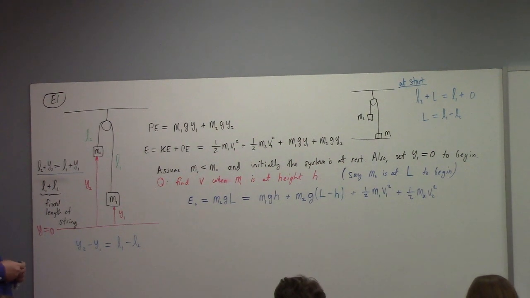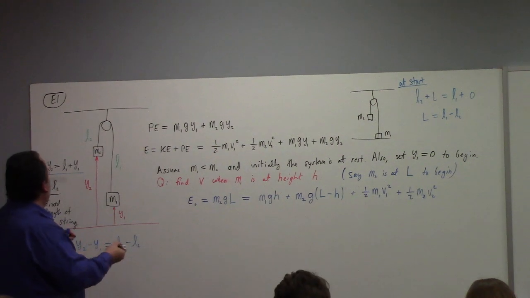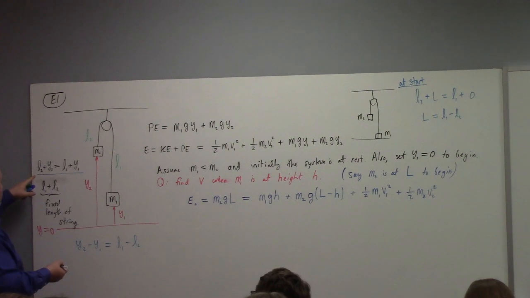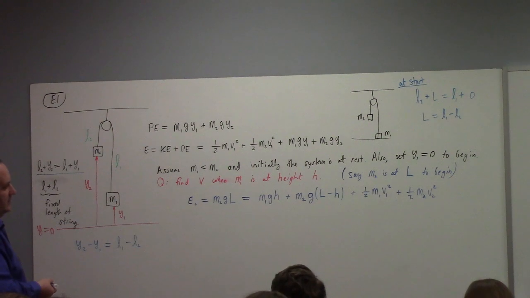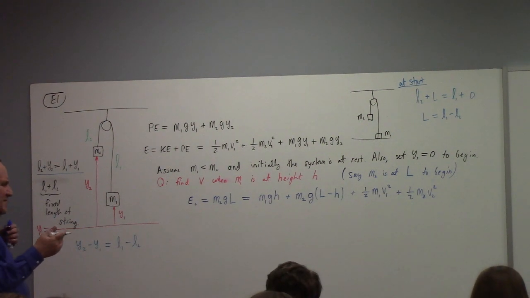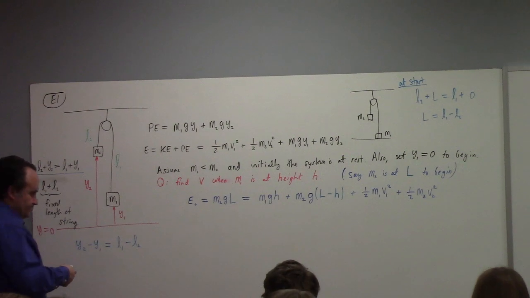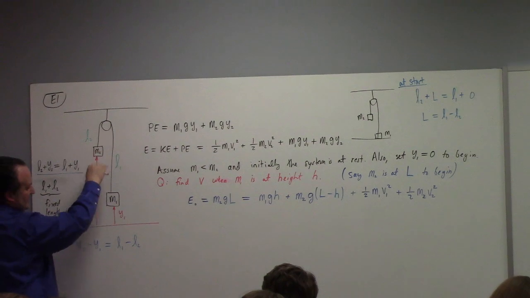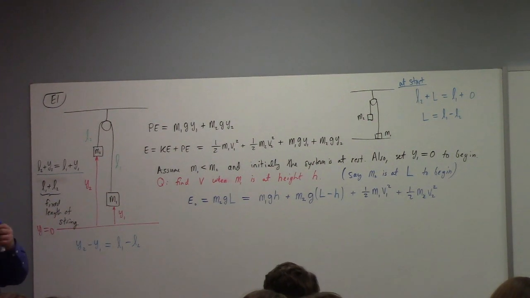So now, notice something here. I'm sorry, I'm missing an equation in here somewhere. But one other thing we should notice is that the speed of these two masses are linked, right? If the string is not stretching, if the one on the right is going up at 5 meters per second, the one on the left is going down at 5 meters per second, right?